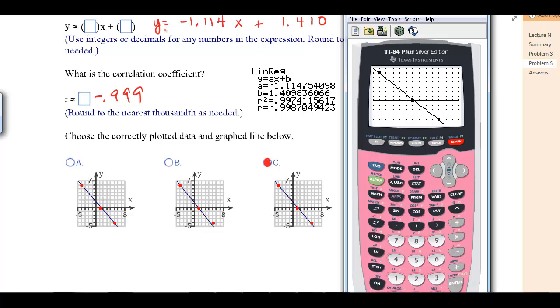I added the grid to mine. If you wanted to do that, you could do second format, and that's where you can do that. This is really a little bit tough to figure out. One of the things, I got rid of this one because my line goes through that point, so that one's gone. This A and C look very, very much alike.